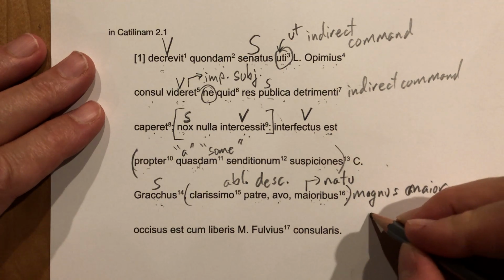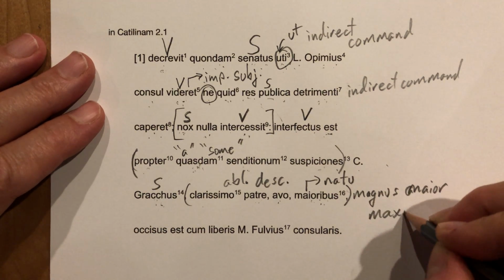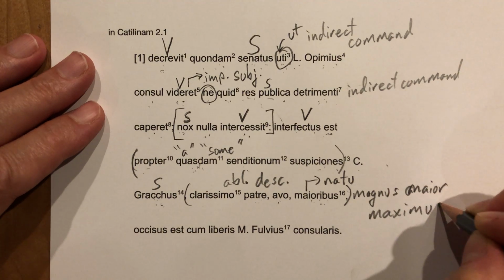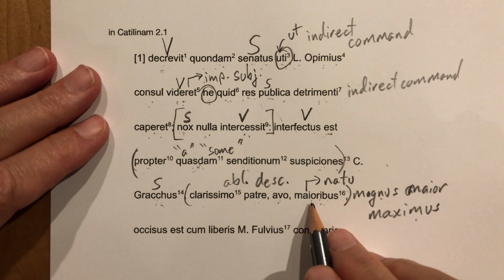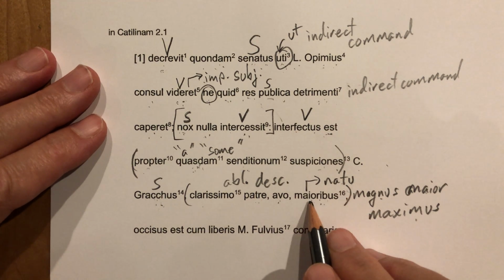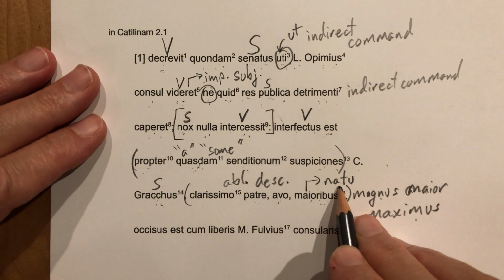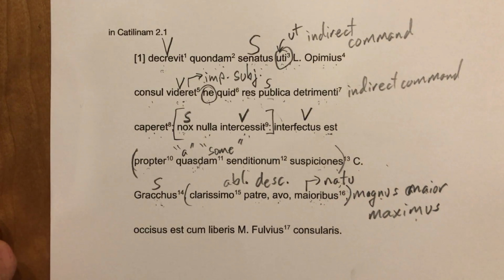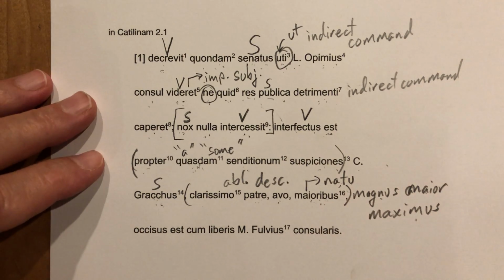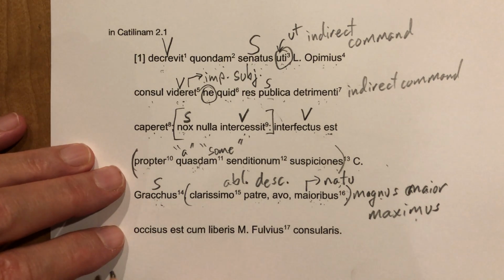And what's the superlative? Of course, maximus. So great, greater, greatest. And here's the trick. It's maiores natu, greater by birth, meaning their birth date is before yours, so they are therefore your ancestors. Greater by birth, older.